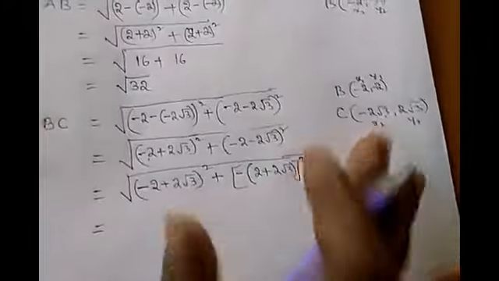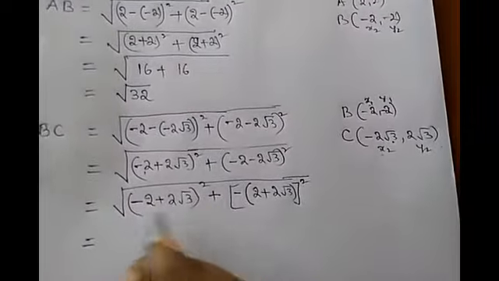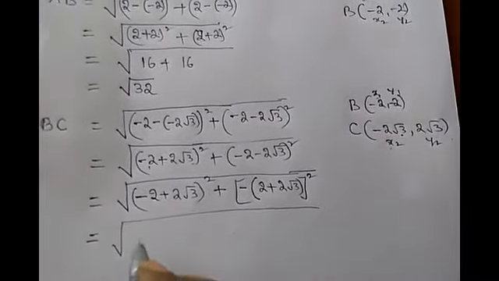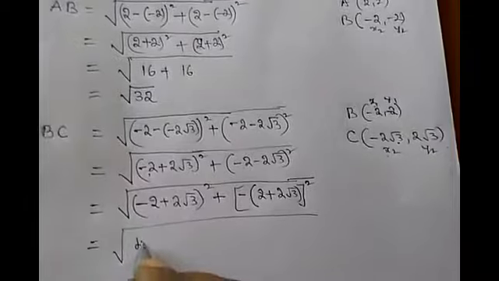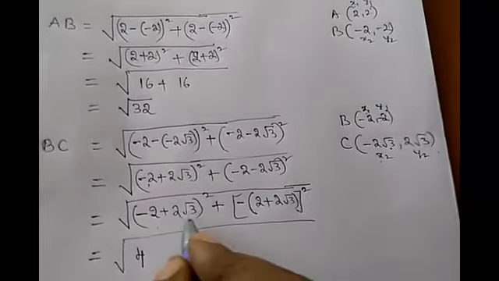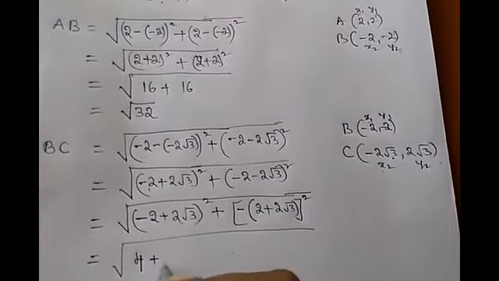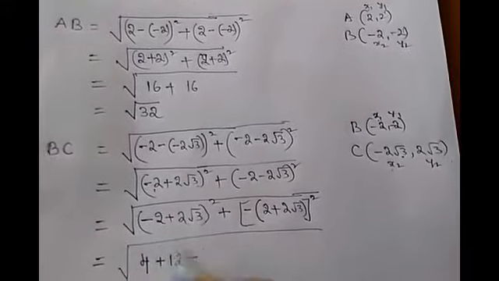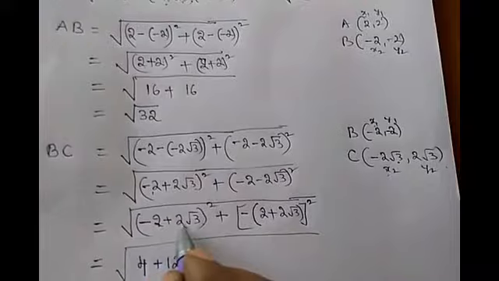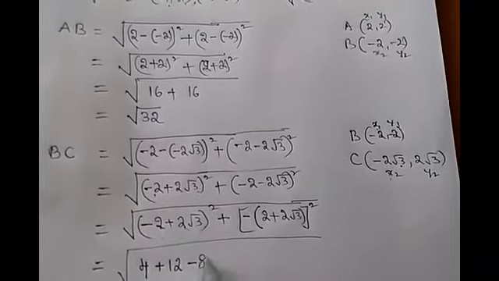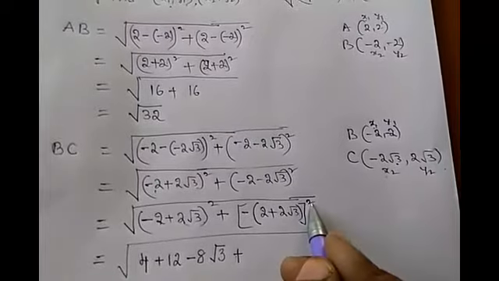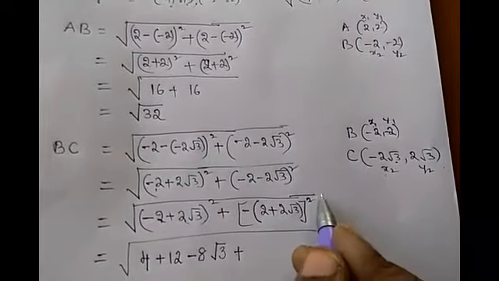That is equal to, apply a minus b whole square: 2 square gives 4, and 2 root 3 squared gives 4 into 3, 12, and minus 2ab, 2 into 2, 4 into 2 root 3, 8 root 3, plus minus square gives positive.